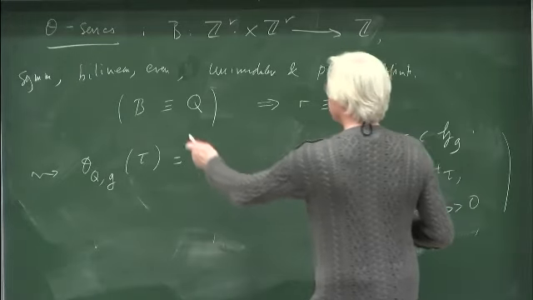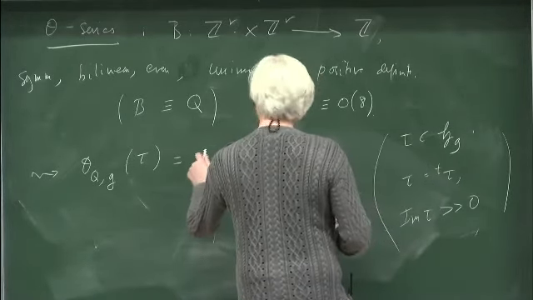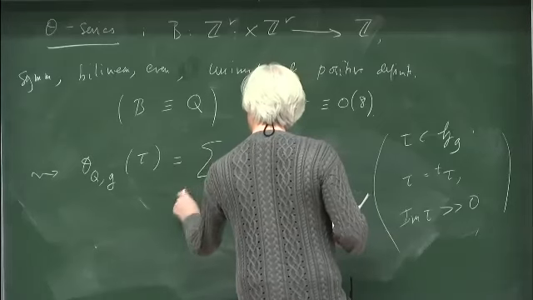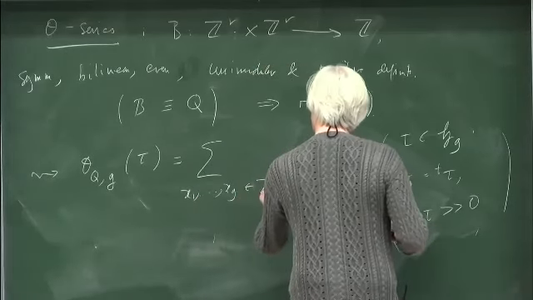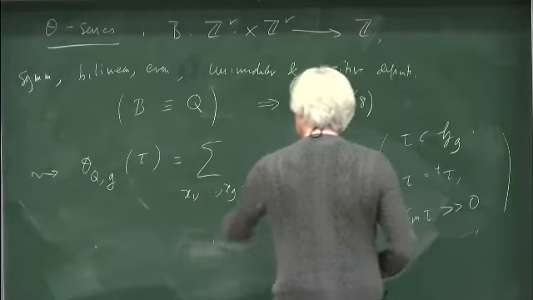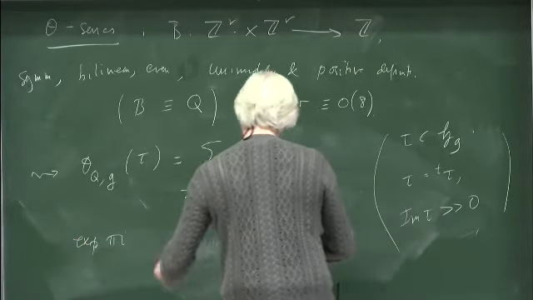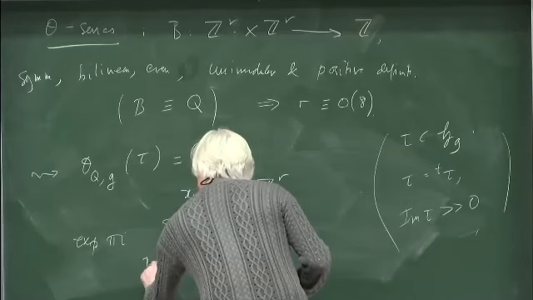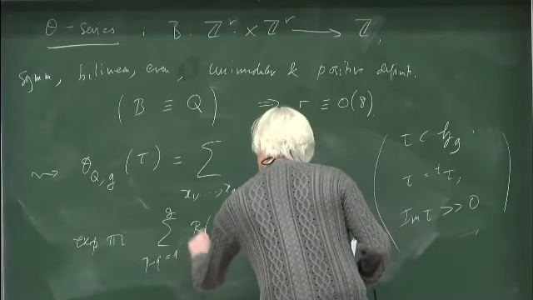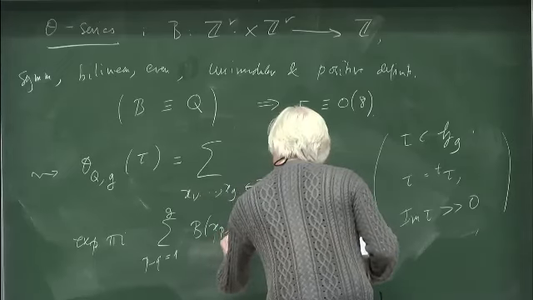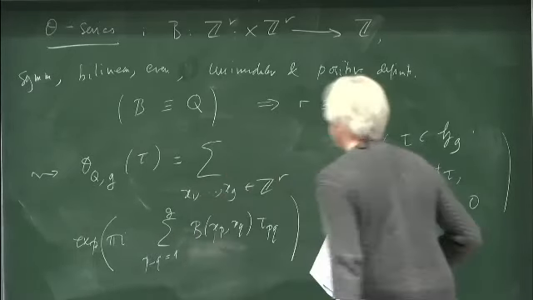So from a quadratic form, I get a theta series, which is the sum over x1 through xg in Z^r of exp of pi i times the sum over all p, q from 1 to g of B(xp, xq) tau_pq.